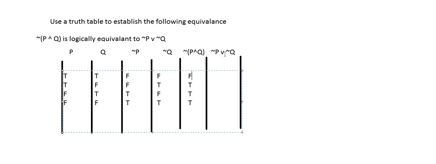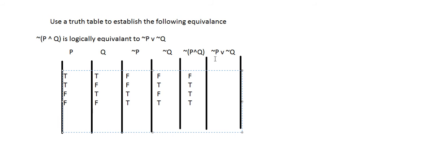Okay, now the last statement right here, not P or not Q, we have an or. With or, only one value has to be true to make the whole statement true. So for not P or not Q, we have to look at these two statements right here.